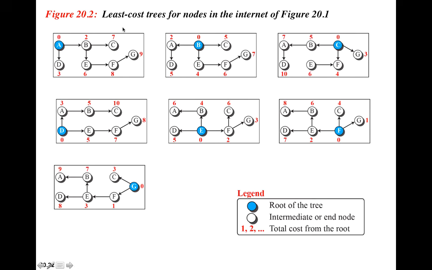So we go off and we do this procedure, taking every node as the root. So we do the same thing with B as the root, C, D, E, F, and G. So at the end of this, we now have the least cost trees for all the nodes on the internet.